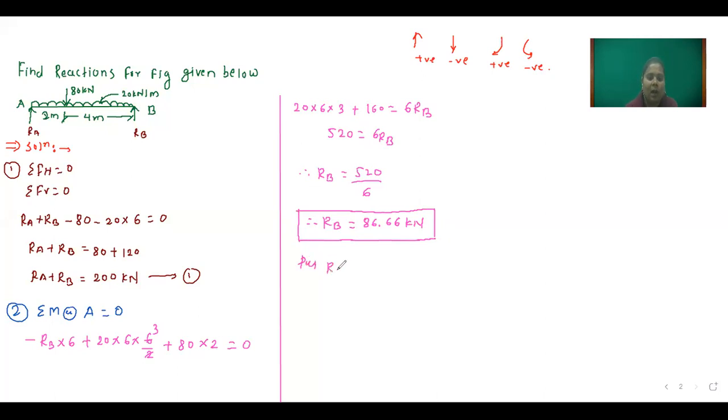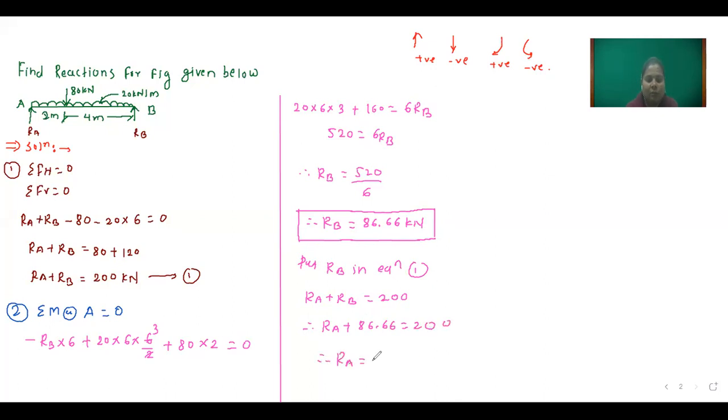So what is our equation 1? RA plus RB equals 200. Therefore RA plus 86.66 equals 200.